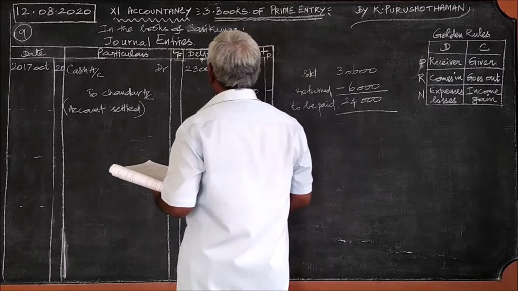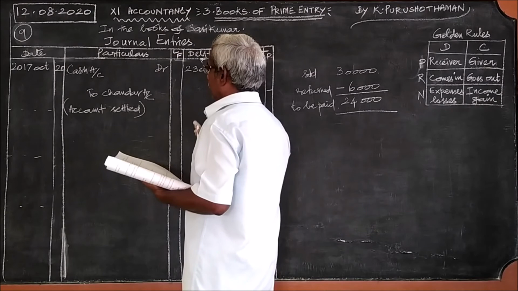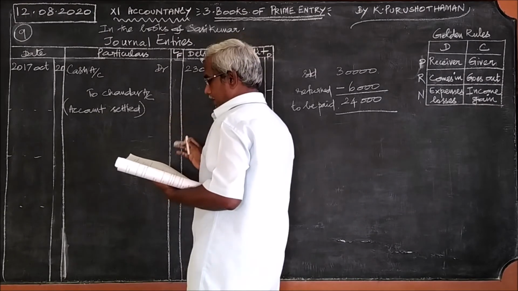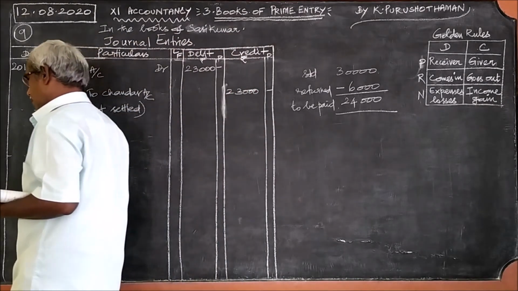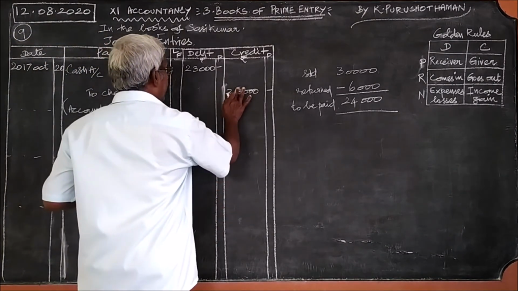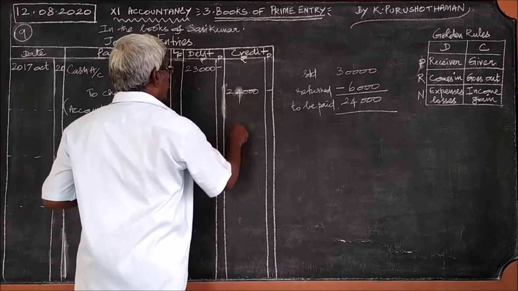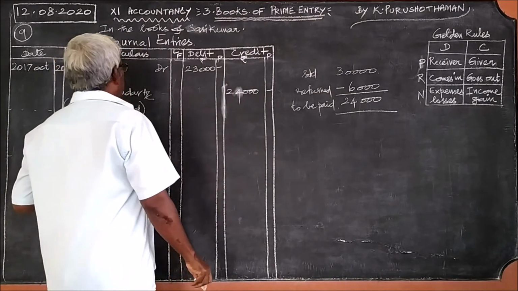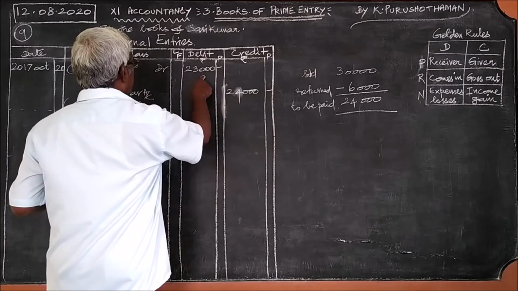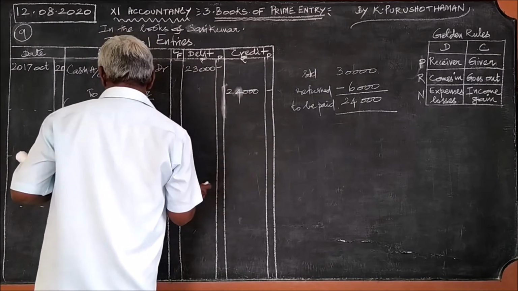But he paid 23,000 and said the account is settled. So, in the name of Chandar, what amount should be there? 24,000 we should write. But he has paid only 23,000 and said the account is settled.